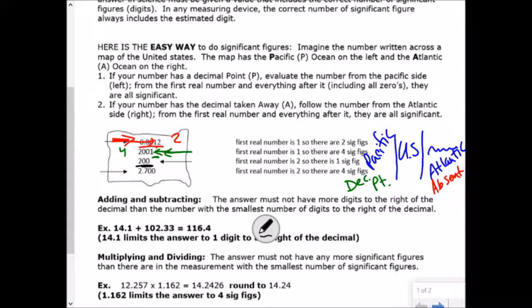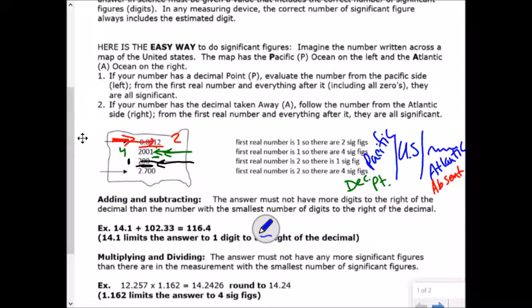No decimal point, absent, start from the right. Now, where's the first non-zero? It's that 2. So how many significant digits does it have? Only 1.